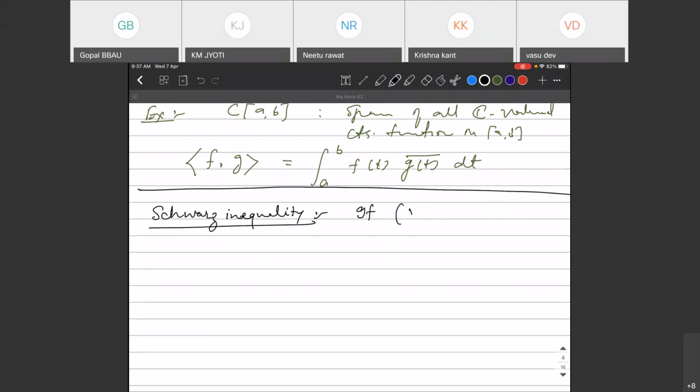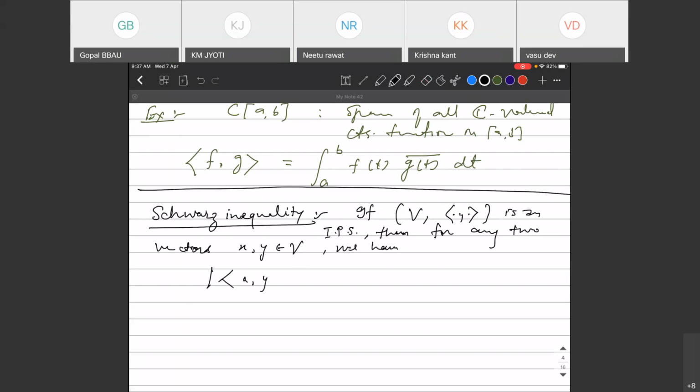It says if we have an inner product space, then for any two vectors x, y we have |(x, y)| is less than or equal to norm x times norm y.